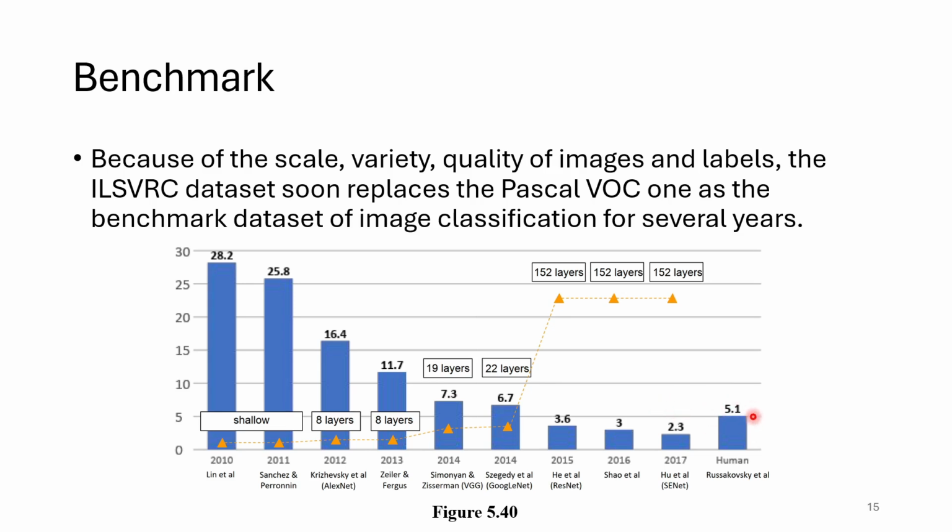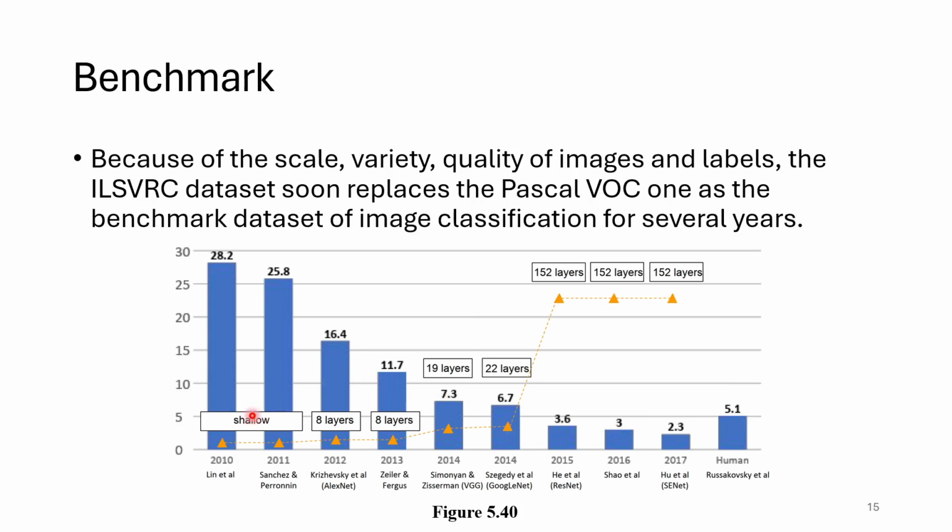This is the human performance: given so many images, we ask a human which class those images belong to. The average human error rate is around 5.1%. But with computer algorithms, year by year, by 2015 human performance became worse than the computer.